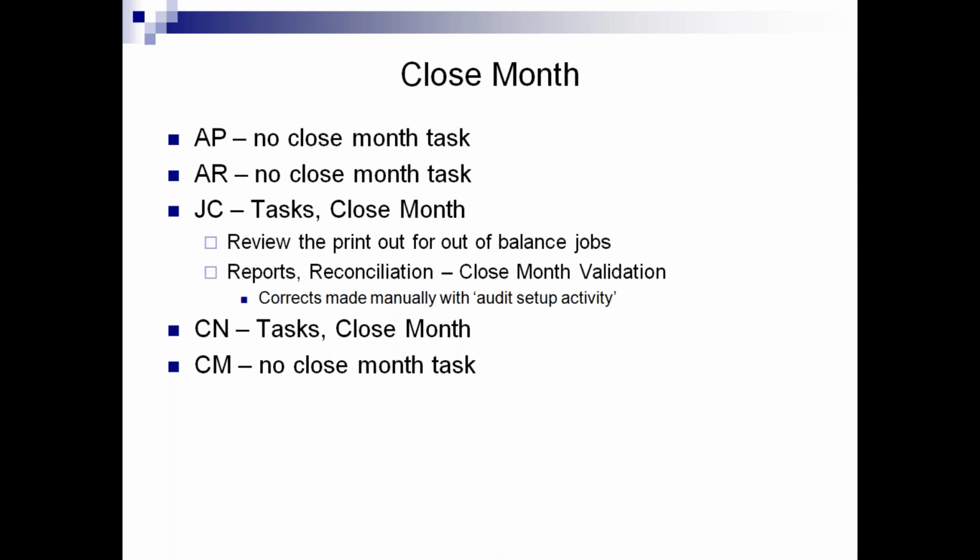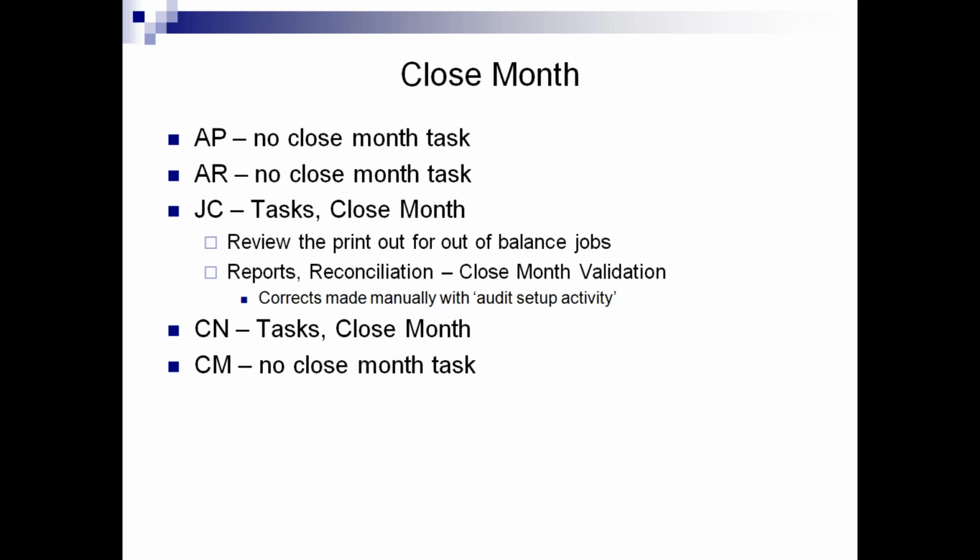There's one extra report in job cost that I want you to be aware of. All right, so accounts payable for the month end, there is no closed month. AP and AR both are on a year-to-date basis. So other than doing the reconciliation to general ledger, that's all you need to do. There's no task that you need to run.